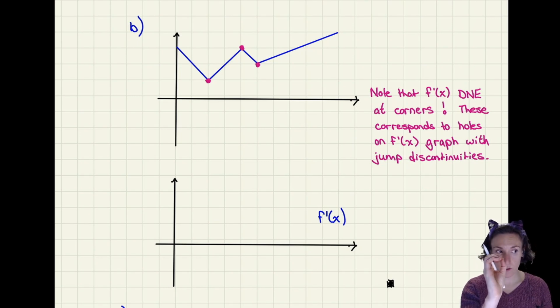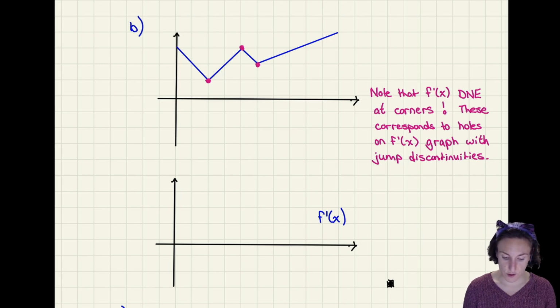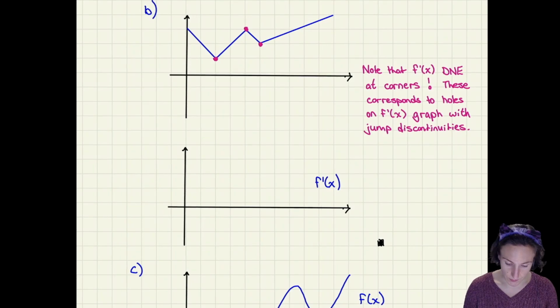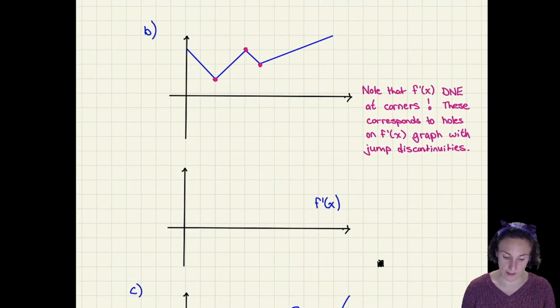Open holes, because these values can't be included in our derivative, since our function is not differentiable at these three little pink dots here. Because the slopes of these lines are all different, not only are these values going to correspond to holes, but we're going to have jump discontinuities. Let's not worry about that quite yet and first get things set up here.